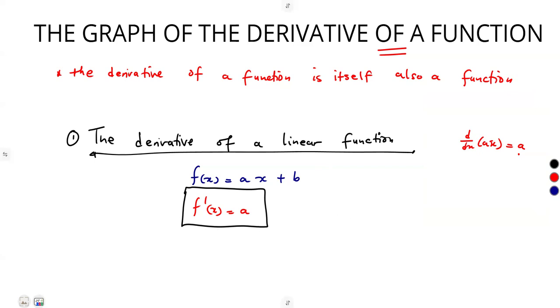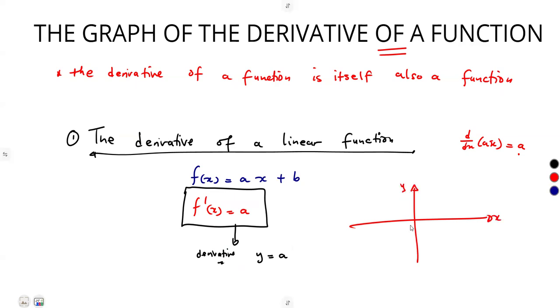This simply means, because this is now to be considered as another function for the derivative, that the graph you are going to consider is y is equal to a, the graph of the derivative. So considering the line y is equal to a, it is a line parallel to the x-axis.